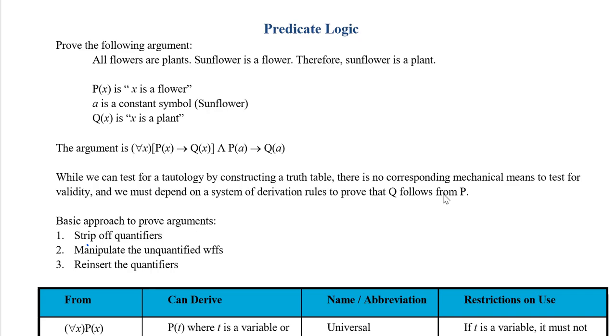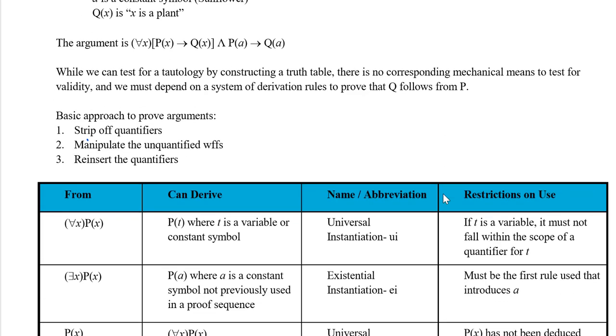So once again, we're going to use the system of derivation rules to build the proof sequence leading from the hypothesis to the conclusion. Two rules to strip the quantifier and another two to reinsert the quantifier.